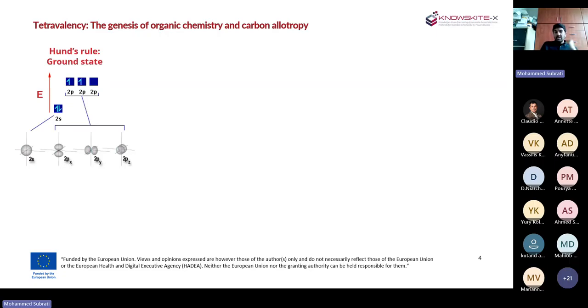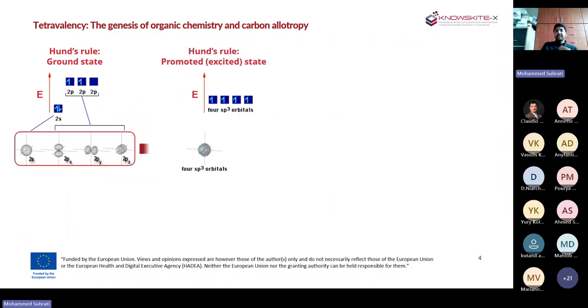Based upon Hund's rule, all the 4 orbitals can now be filled equally. So in the case of methane, CH4, you contribute 4 covalent bonds, so 4 sigma bonds. And what happens if instead of 4 hydrogen atoms, you have 4 carbon atoms?